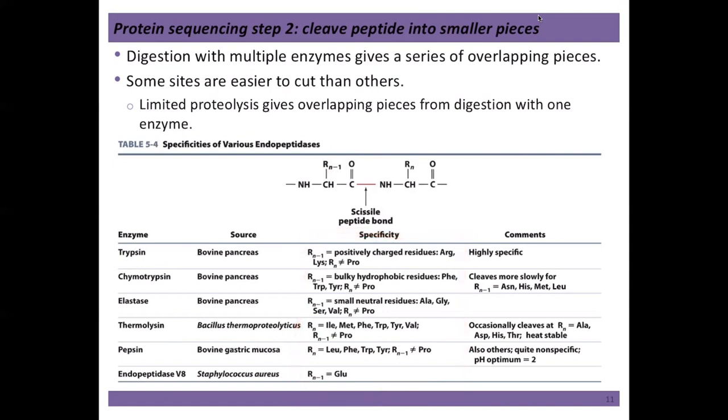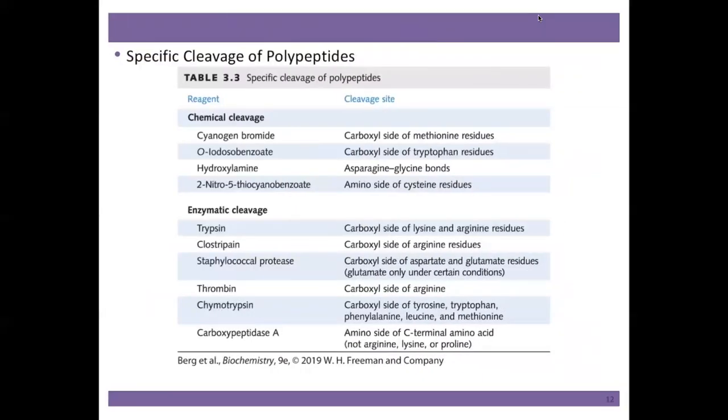They're the ones that you run into on a standardized test. Trypsin cleaves after the positively charged residues arginine and lysine, and chymotrypsin cleaves after hydrophobic or aromatic residues. That's good to know for general knowledge, but really what we want to be able to do is read this chart, given a sequence, and identify if that bond would cleave or not. Now there are some chemical reagents that will also cleave.